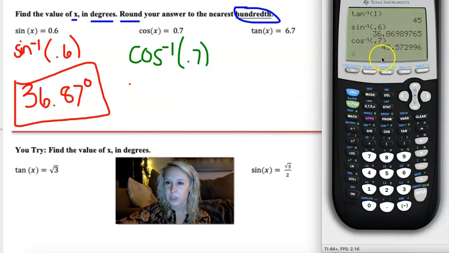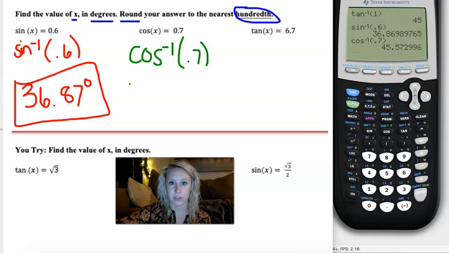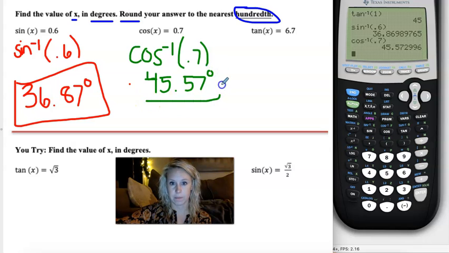Whoop. So 45.57, because this 2 is below 5. So 45.57 is our answer. 45.57 degrees. Okay. All right.